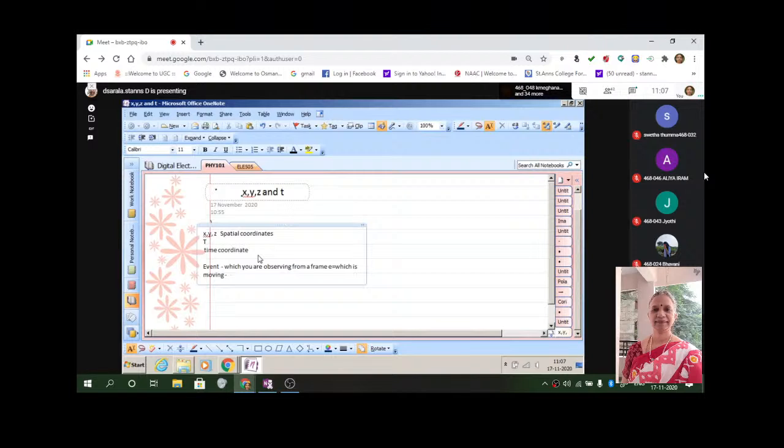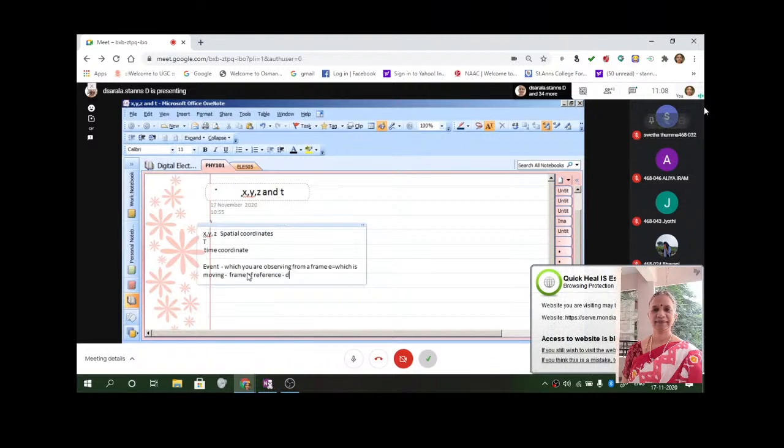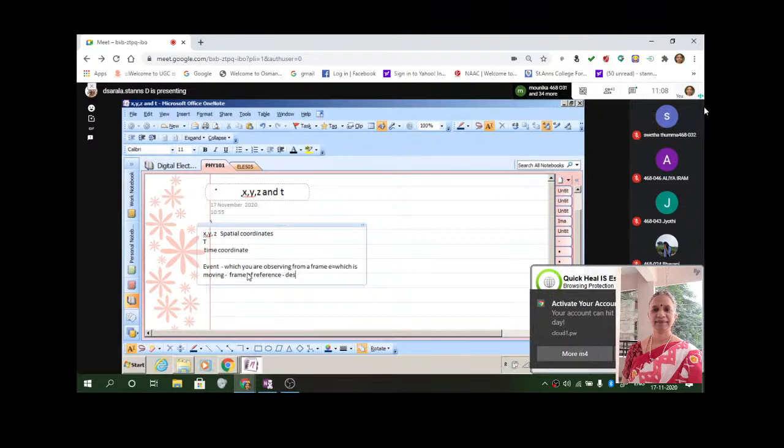Then you need a different frame of reference, and to describe that, you need a different coordinate system.